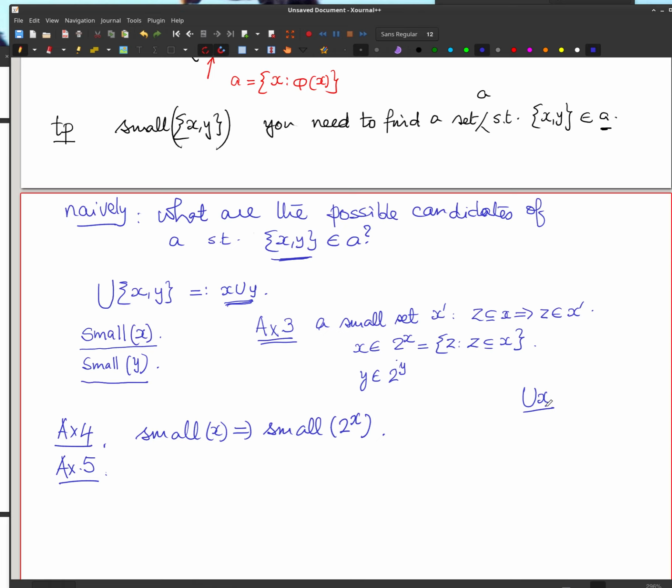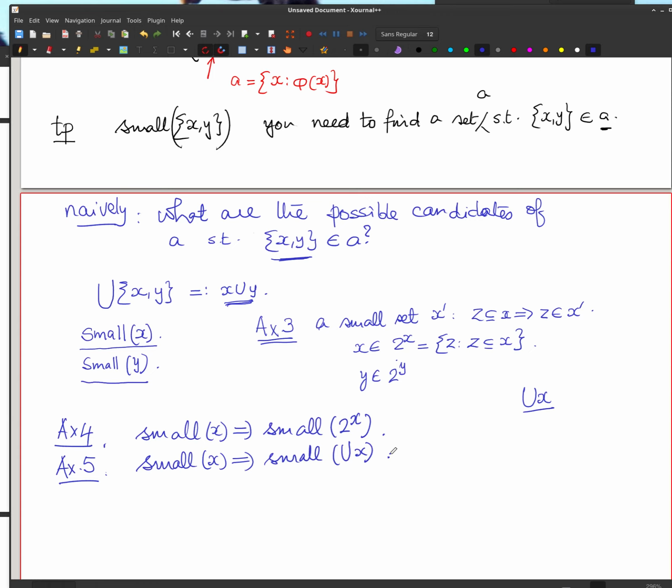Which is given by the axiom of union, and that B is a small set, right? Yes. And therefore it tells us that small x implies the union is also small, right? Clear?